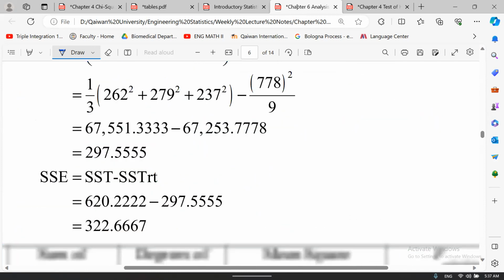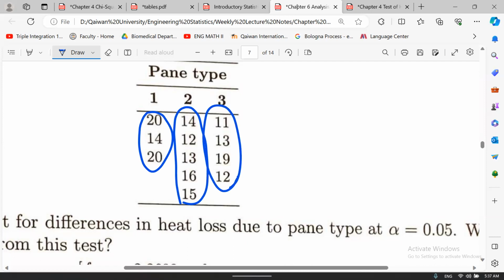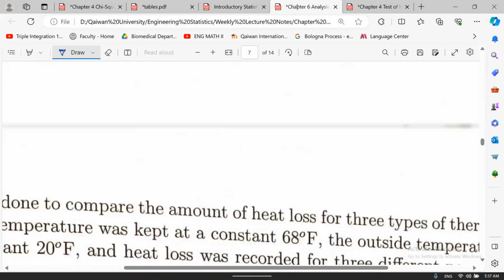But if the data are like this, here it's the sum of these squared dividing by 3. But here we divide by 5. Here we divide by 4. Be careful with that. We divide by n1, n2, n3. They may be different.